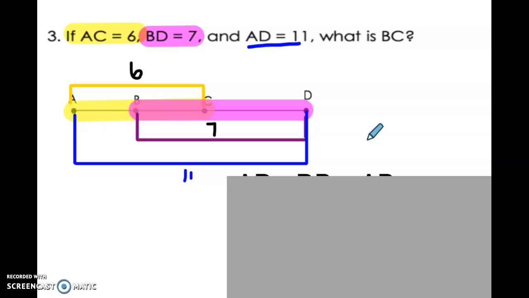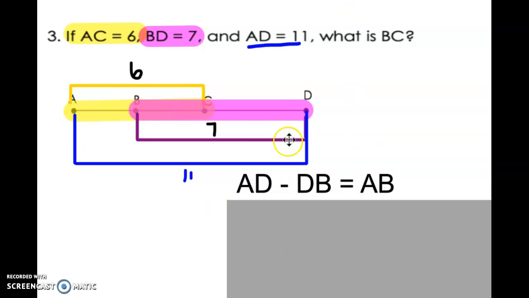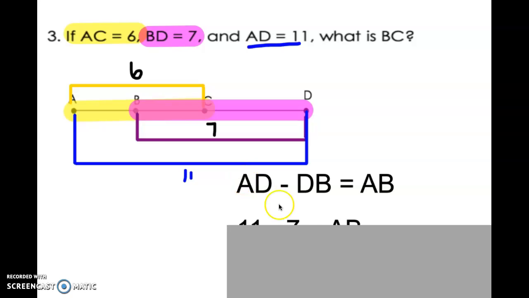Now we need to find the length of segment BC. So again, if we look here, segment AD, the whole entire blue one, minus segment AB, AD minus DB equals AB.